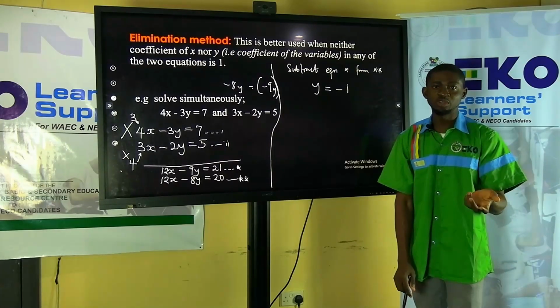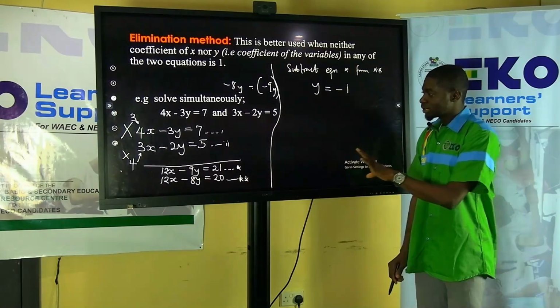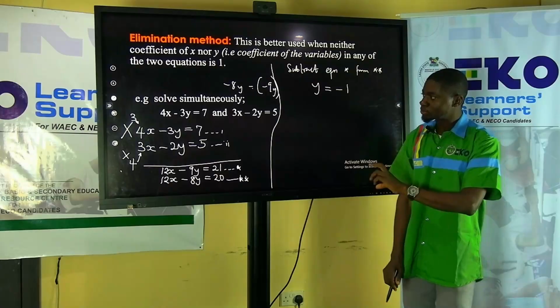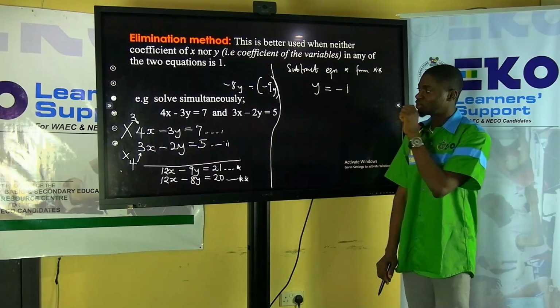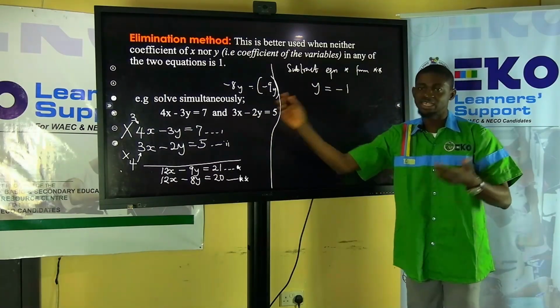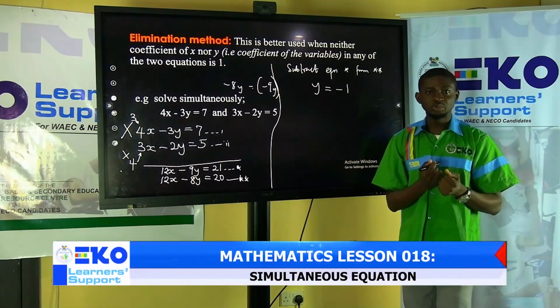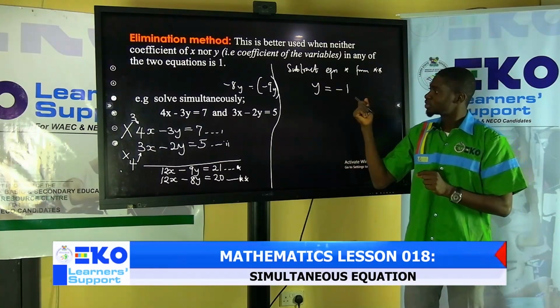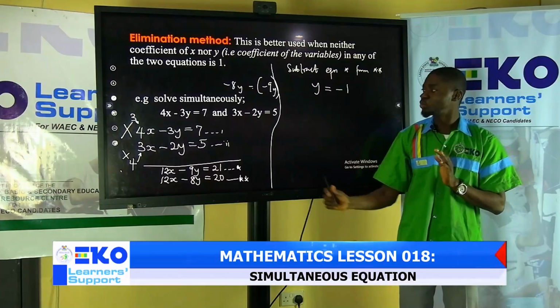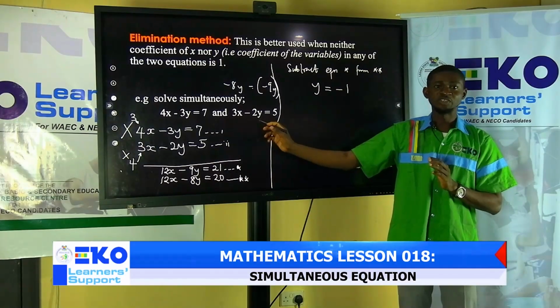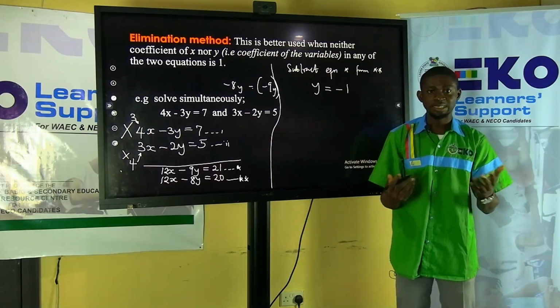Now that we know the value of y, can we then move on to substitute the value of y that we have already gotten into any of the two equations that we have earlier? I advise students, please, when you are substituting, use the equation with the smaller coefficient so that you can easily calculate it.